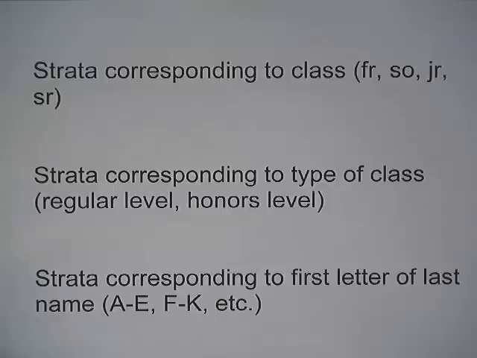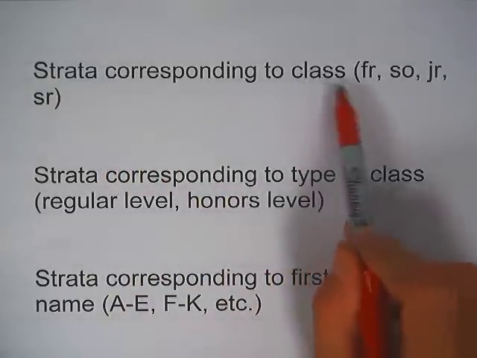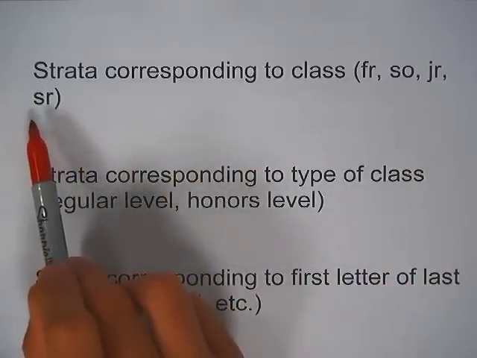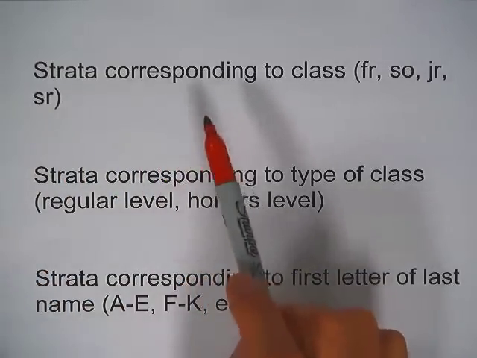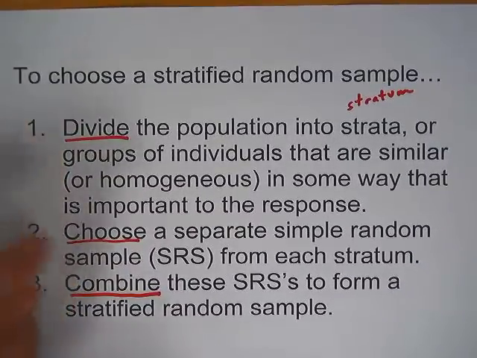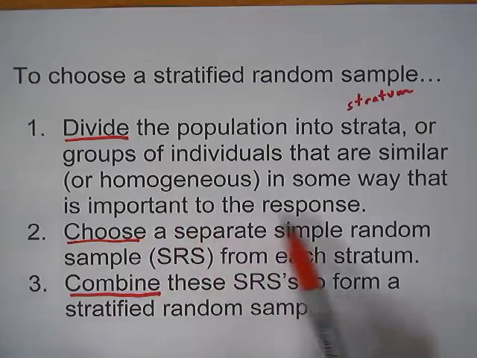Method 1 would be to stratify corresponding to class or grade level: freshman, sophomore, junior, senior. Remember that when we pick our strata, they need to be similar in some way that is important to the response.